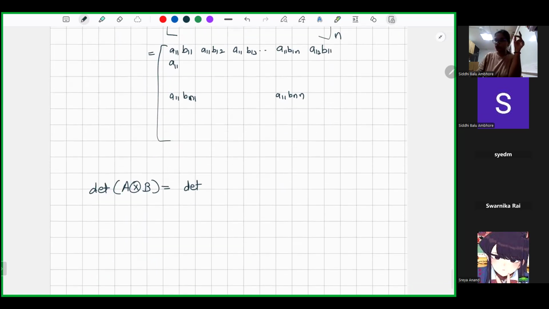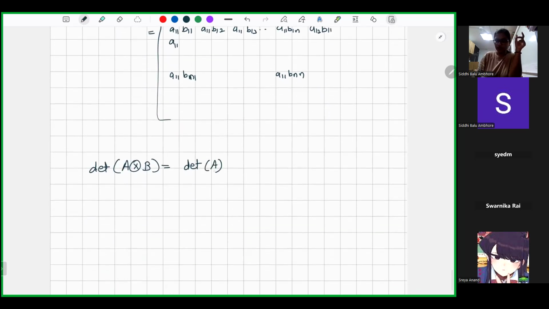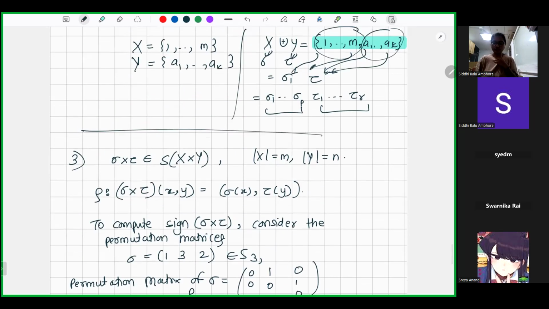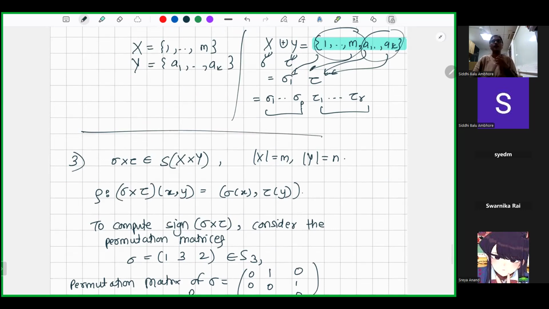Yeah, so the determinant of this matrix is determinant of A to the power of the dimension of B, times determinant of B to the power of the dimension of A. Here we know that the dimension of X is m, the dimension of Y is n.